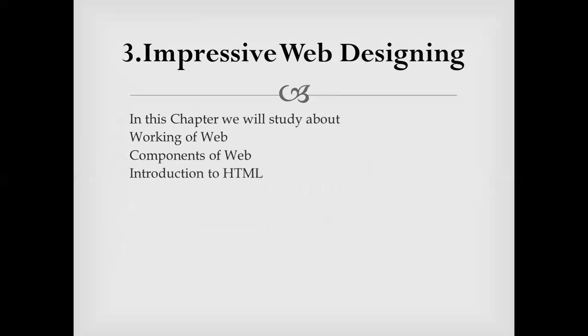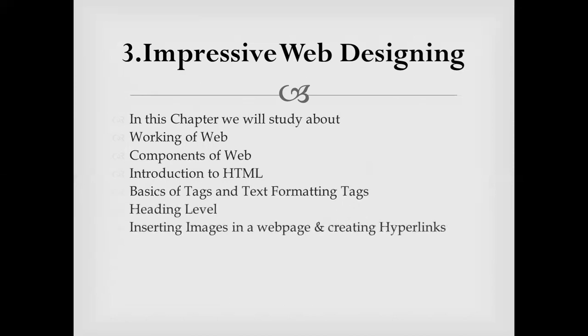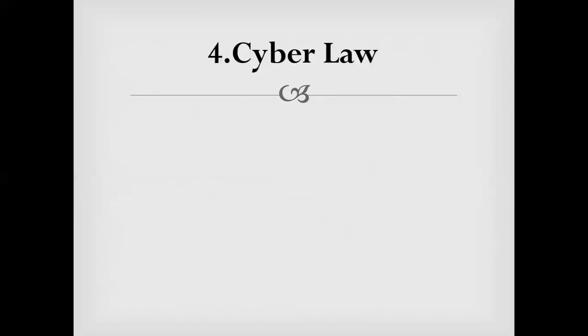You must be knowing HTML as hypertext markup language, then the basics of tags and text formatting tags, then the heading tags, inserting image in a web page and creating hyperlinks, then the forms in HTML, and the basic concept of JavaScript. Don't forget that here we are going to study about the different programs to create web pages, and by using JavaScript also we are going to study simple JavaScript programs.